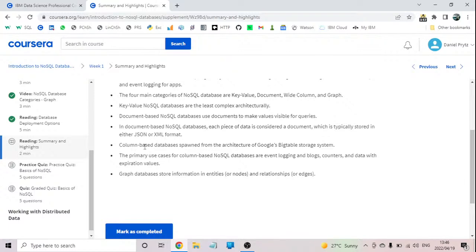All right, next. In document-based NoSQL databases, each piece of data is considered a document, which is typically stored in either JSON or XML format.